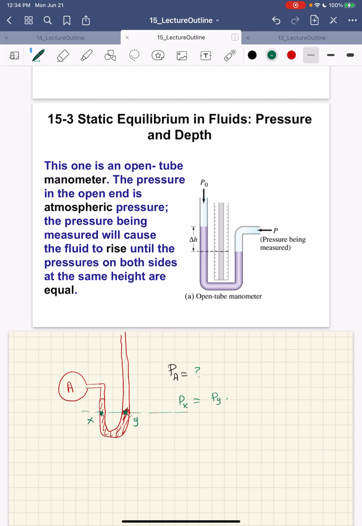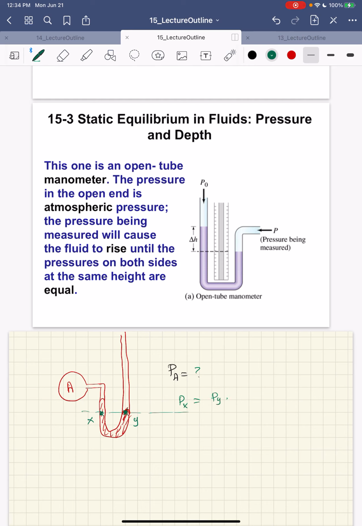Px is going to be the pressure from the fluid plus that fluid's pressure, which is rho g h. This is my h here. Then the pressure of A is going to be the atmospheric pressure minus rho g h. In this case, my fluid has more pressure than the atmospheric pressure.